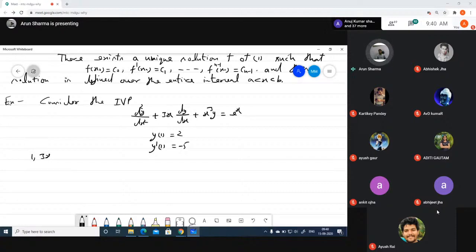And if you see this 3x and x cube, as well as this non-homogeneous term e to the power x, they are continuous. Okay. So they are all continuous.